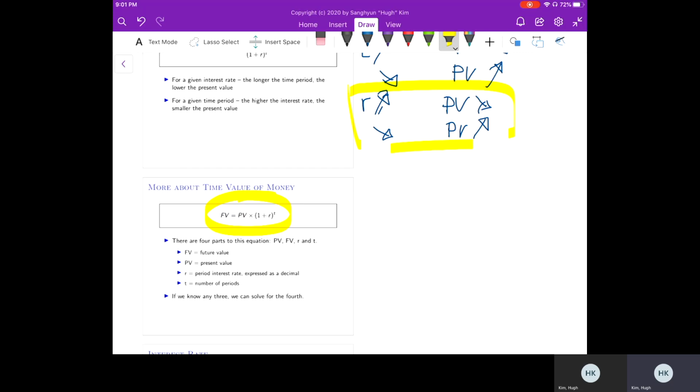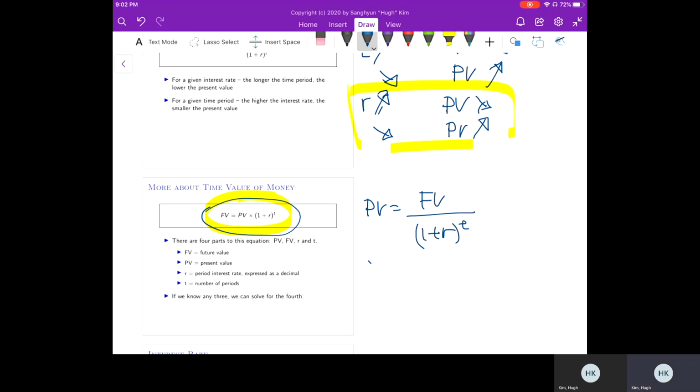For instance, we can rearrange this formula to solve for present value: present value is equal to future value divided by (1 plus r) to the t.